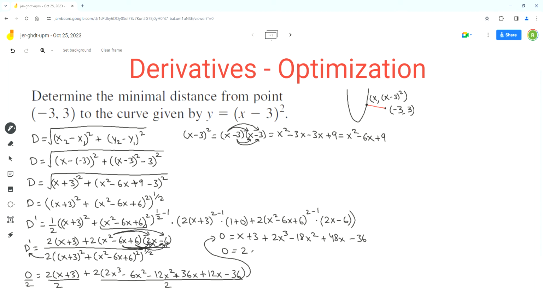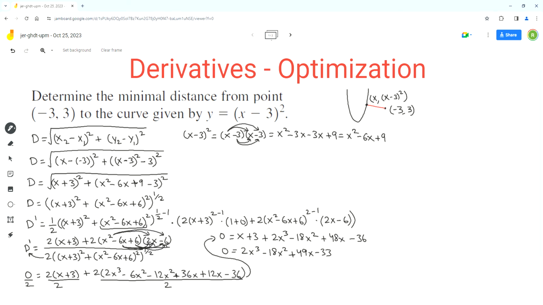So 2x cubed minus 18x squared plus 49x minus 33. So this is the cubic equation we have to solve now to find the value of x at which the distance between the points will be minimum.